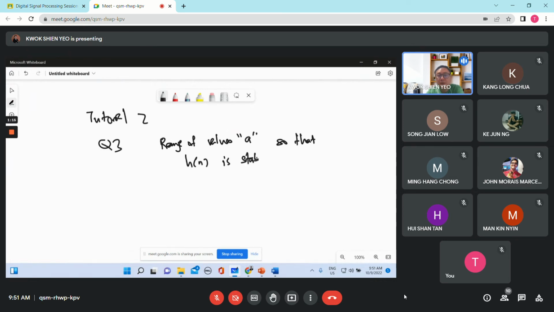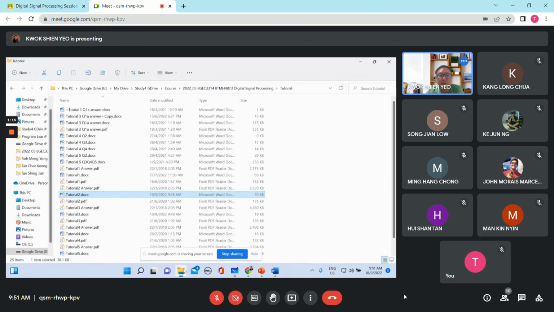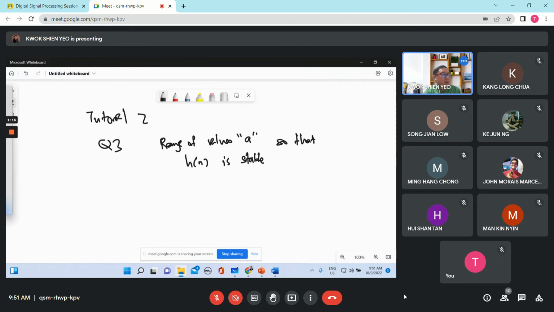So what do you mean by a stable system? And h[n] is LTI. A system is stable when, given a bounded input, the output doesn't grow to infinity. So it is bounded. If you still remember the Bible, forgot where it is, let me find it.